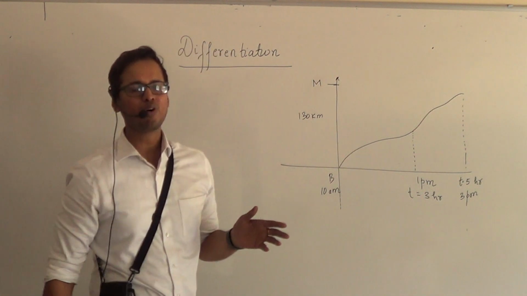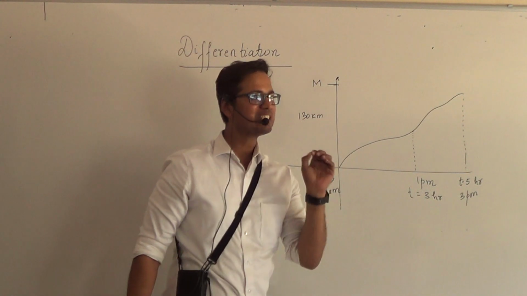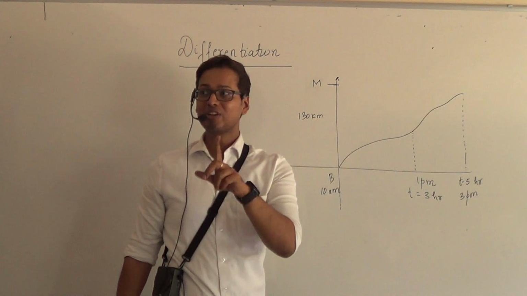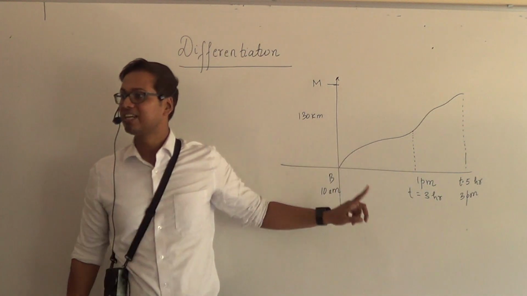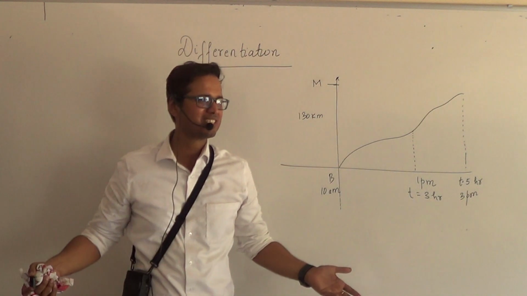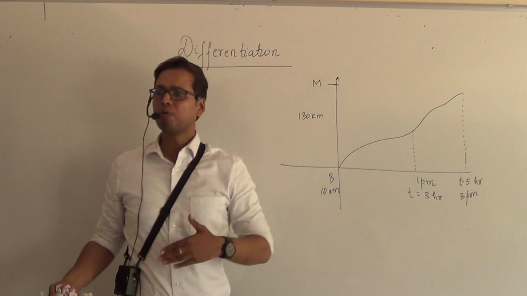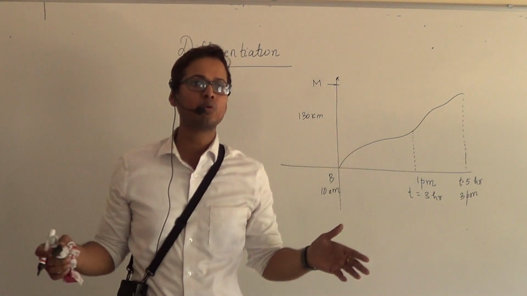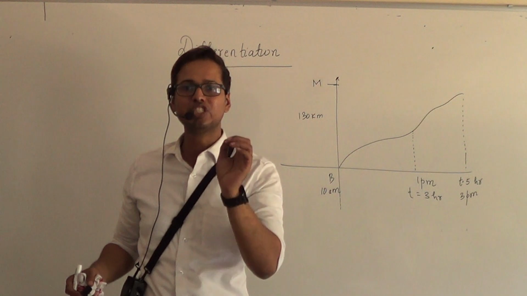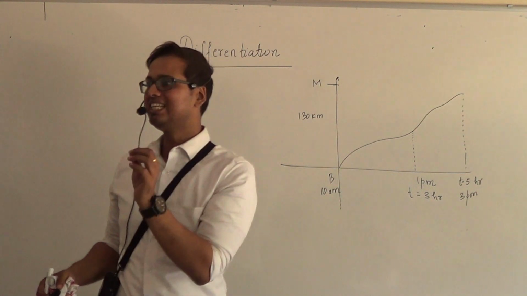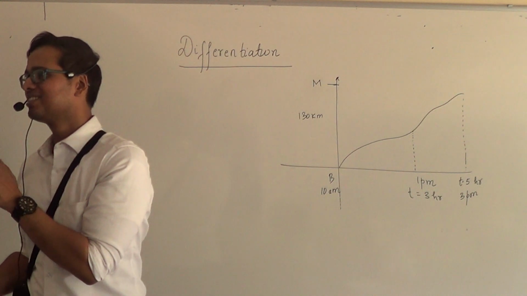So in order to know what was my instantaneous velocity, now this word is very, very important. Average velocity is what? 130 by 5. That's an average, correct? What is more important to us and what is more pertinent to the physical system around us is to know the instantaneous change, correct?